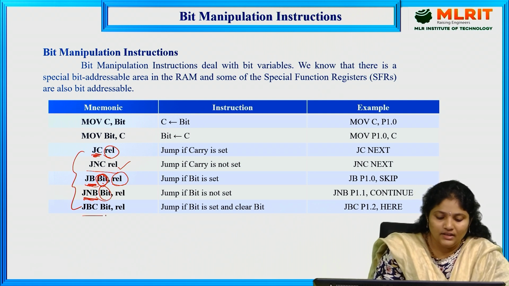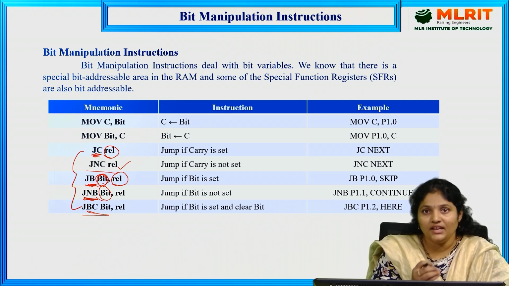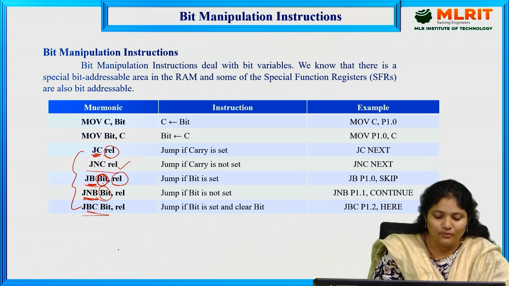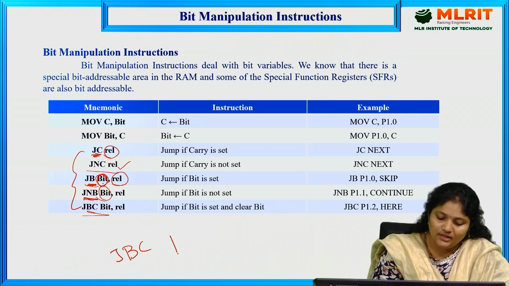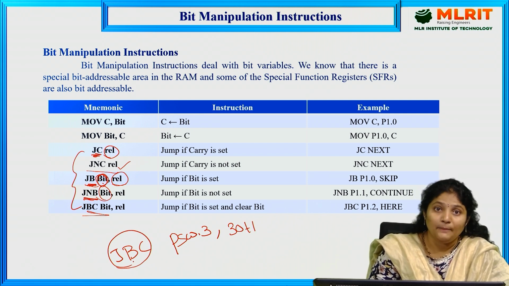Next one is JBC, jump if bit is set and clear the bit. If the bit is 1, it will jump, and after jumping it will clear that particular bit. Suppose I write JBC PSW.3, 30H location, right?